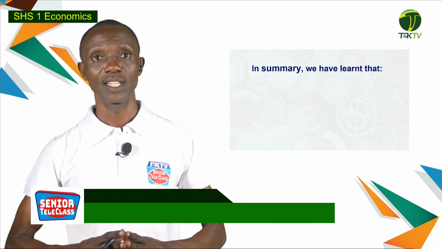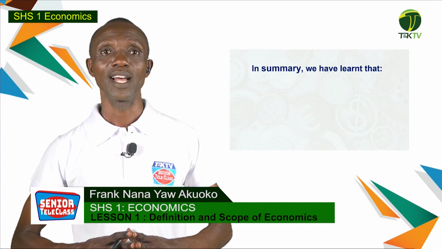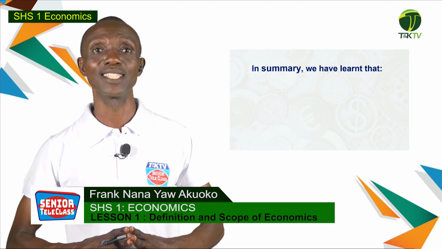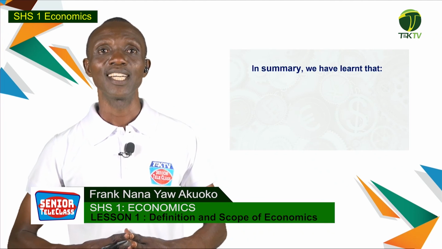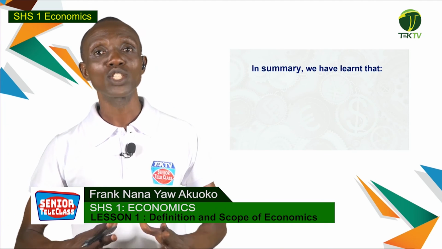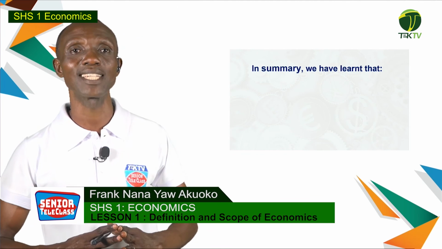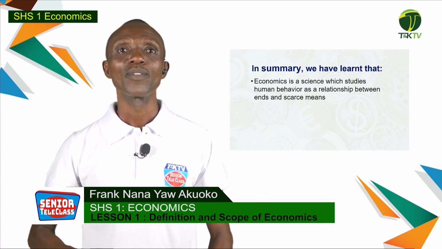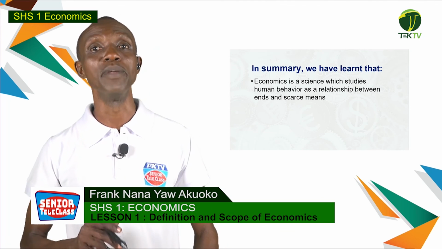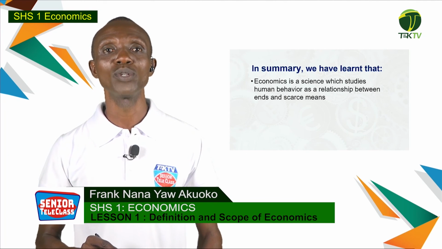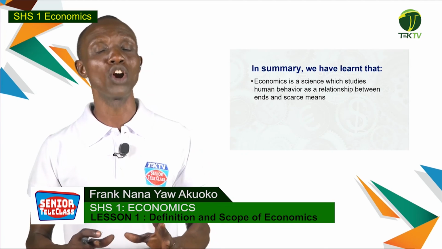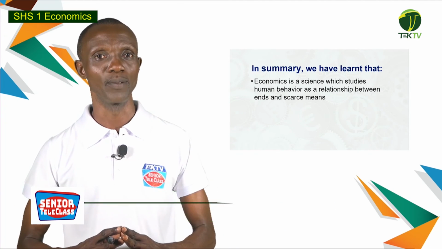So viewers, all too soon, our first lesson on the definition and scope of economics has come to an end. So in summary, we have learned that economics is a science which studies human behavior as a relationship between ends and scarce means. Lionel Robbins defined economics that way. Good.